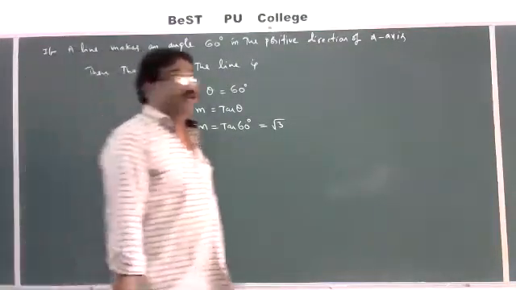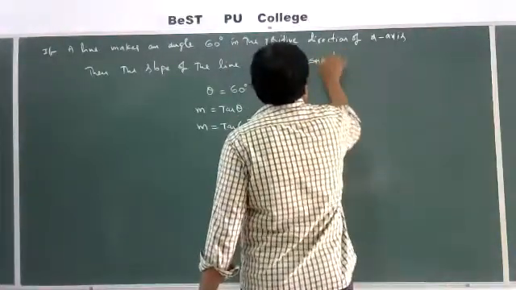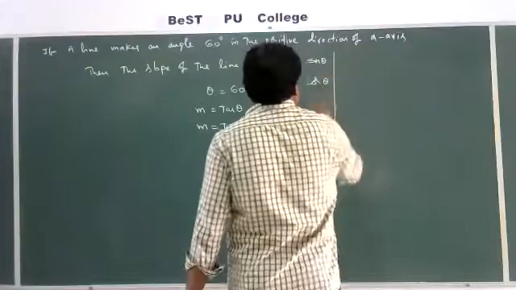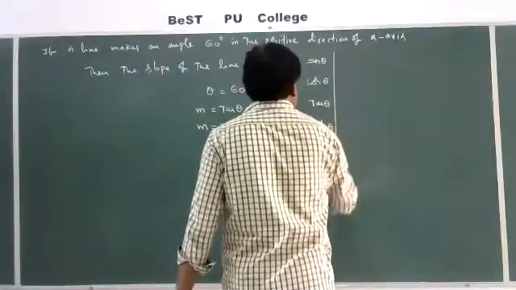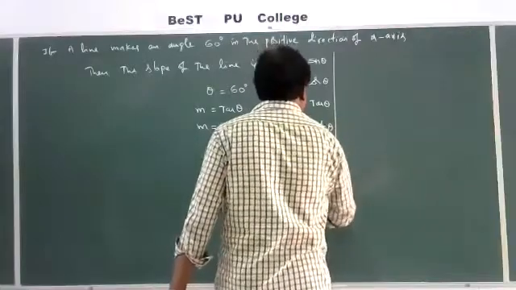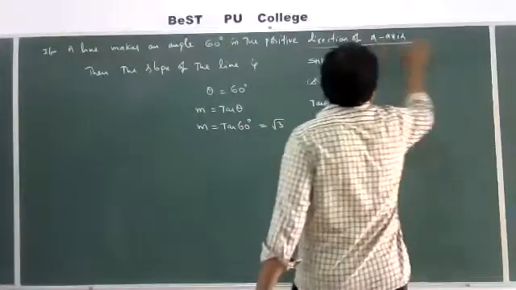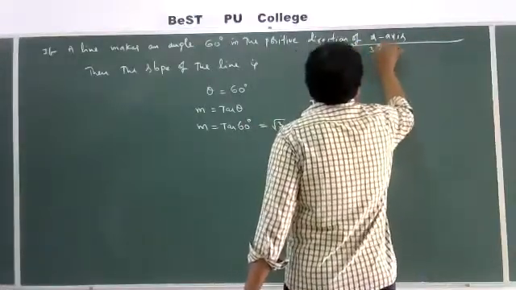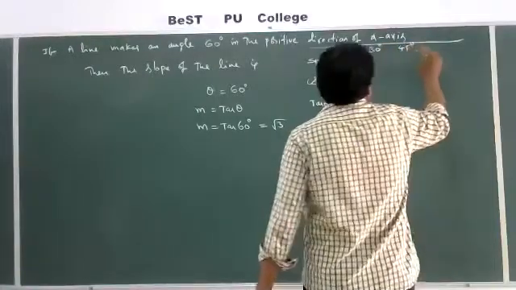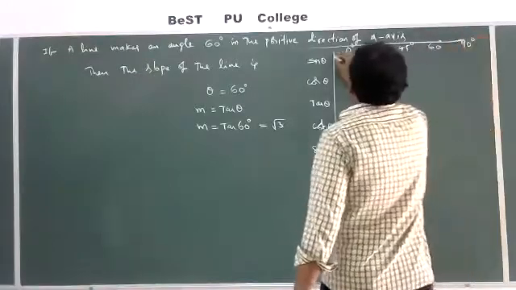You remember the trigonometric table, the values of sin theta, cos theta, tan theta, cot theta, secant theta, and cosecant theta at 0 degrees, 30 degrees, 45 degrees, 60 degrees, and 90 degrees.